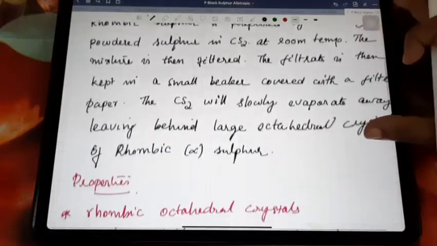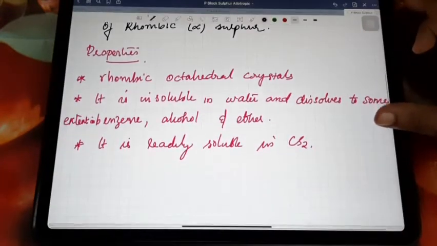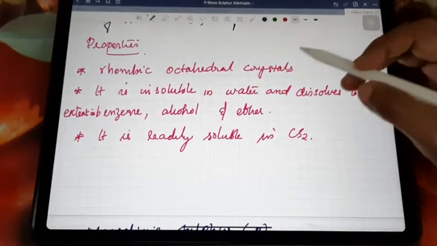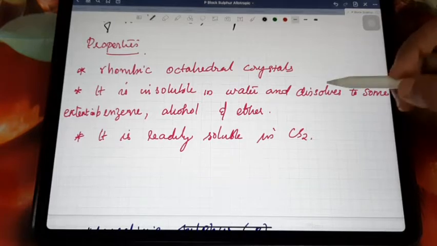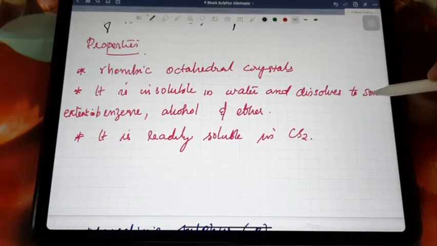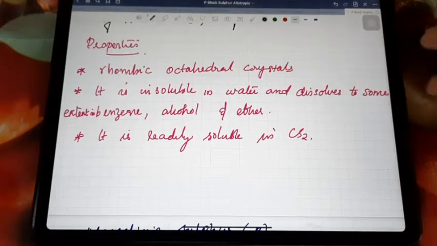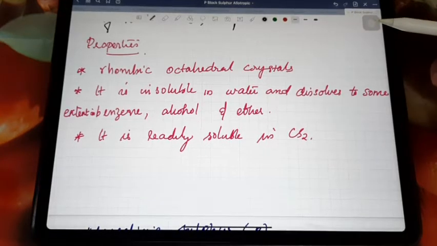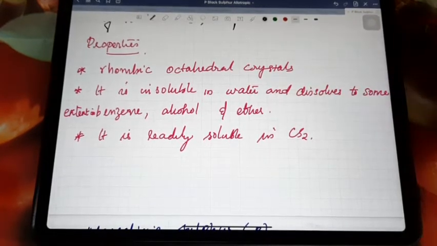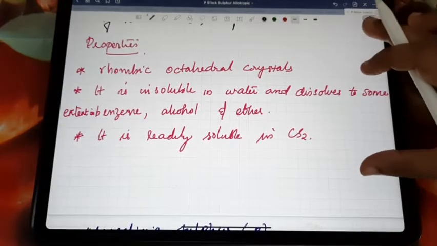That way you can prepare rhombic sulfur. Important properties of rhombic sulfur: it forms octahedral crystals, it is soluble in CS2 and insoluble in water, and to some extent it is soluble in benzene, alcohol and ether.